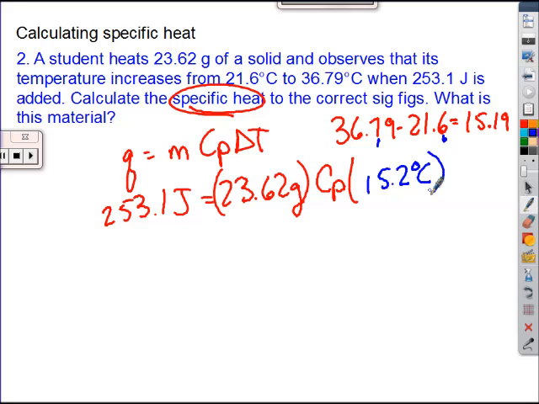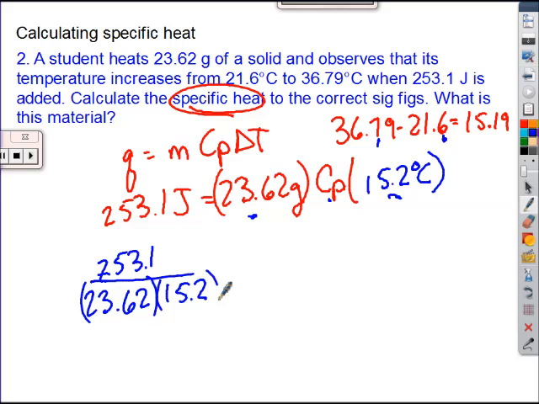Okay, now when I try to solve for Cp, I have Cp on this side, I need to get it by itself. So what do I have to do to these numbers to get Cp by itself? You divide them out, right? Okay, you divide them out. So 253 divided by 23.62 divided by 15.2.